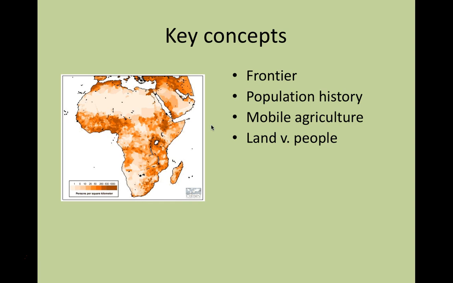I have the largest number of warriors under my command, and if you try to do anything that I don't want you to do, like move away, for instance, I will use my warriors to force you to remain in place or to enslave you or whatever it is, right? And in fact, enslavement is a key feature of African politics for much of its history. We're going to talk a lot about slavery in Africa, and especially the transatlantic slave trade later on in the course. But they have to provide incentives.